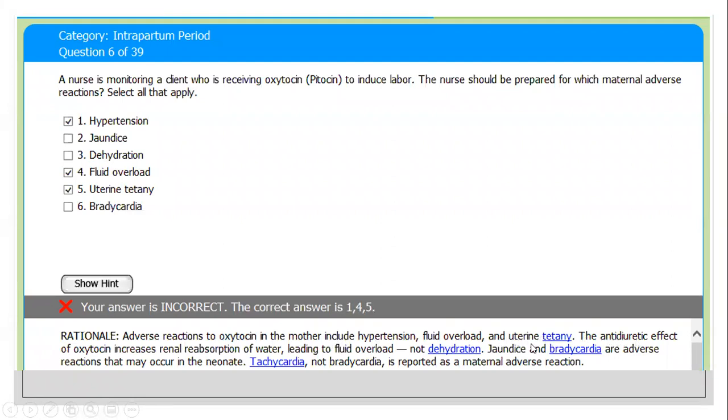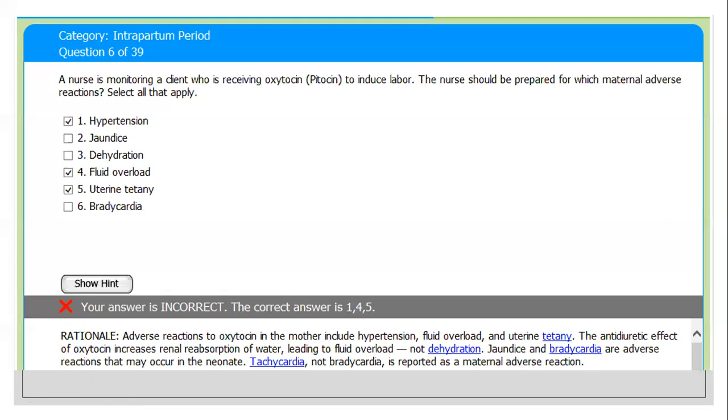The antidiuretic effect of oxytocin increases the renal reabsorption of water, leading to fluid overload rather than dehydration. Jaundice and bradycardia are adverse reactions that may occur in the neonate. Tachycardia, not bradycardia, is reported as a maternal adverse reaction.